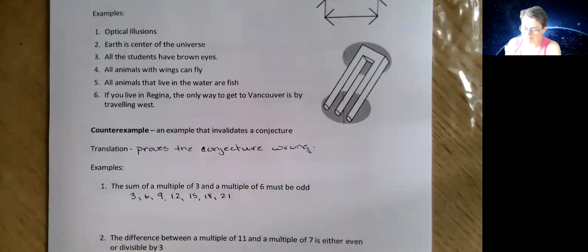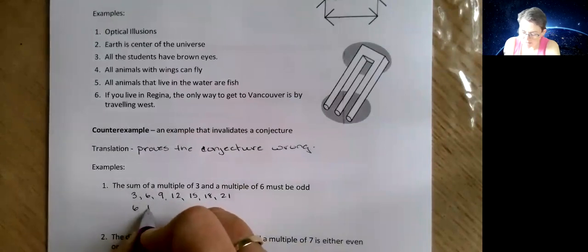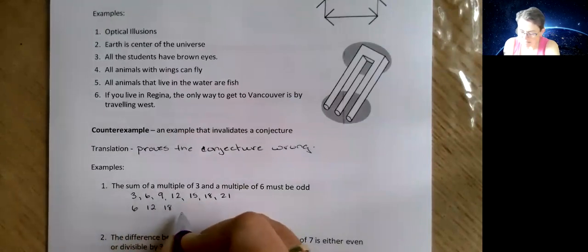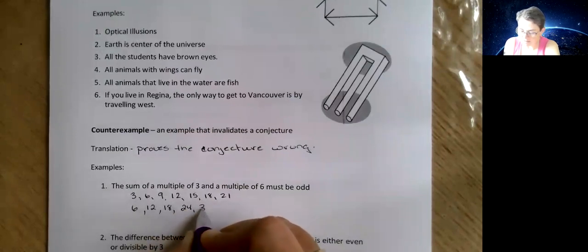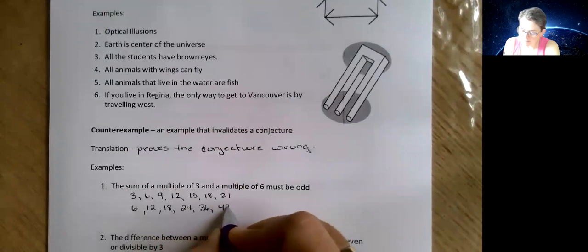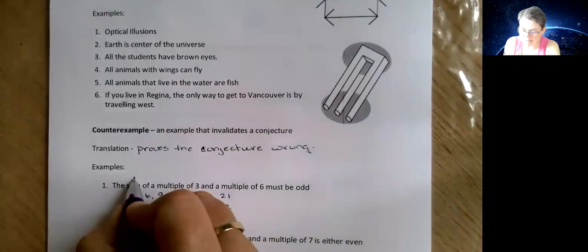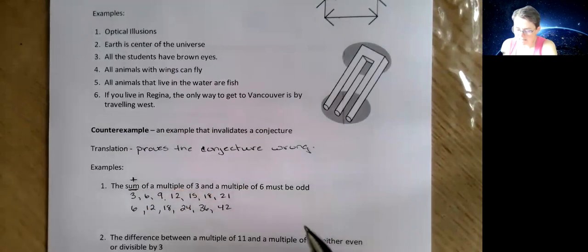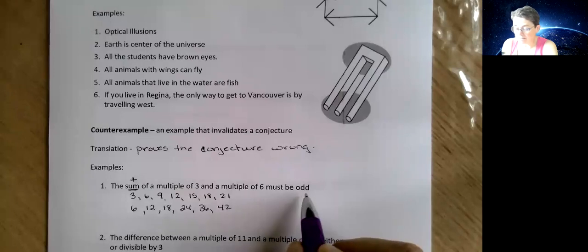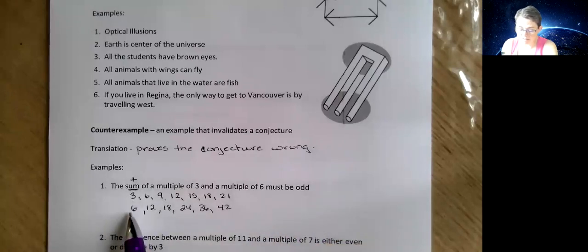Now we need multiples of 6: 6, 12, 18, 24, 36, 42. Remember, sum means add. Can I pick 2 that add together? It says they're supposed to be odd.